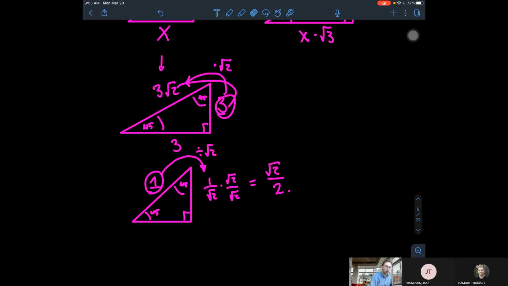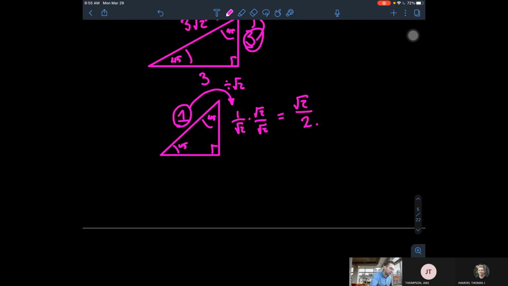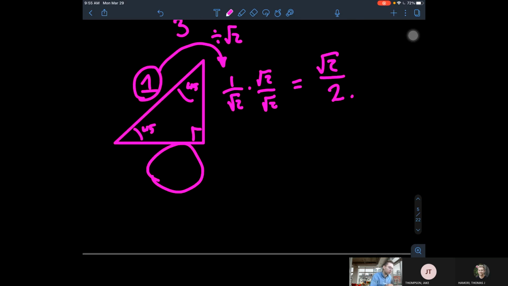Okay, so do you feel a bit more confident with the 45, 45, 90 triangle? Okay, good. So what's the other side length? What should go here?